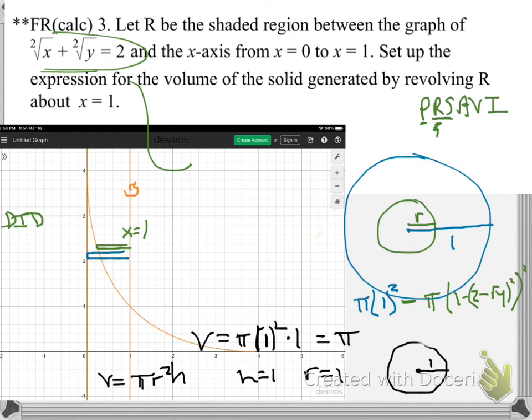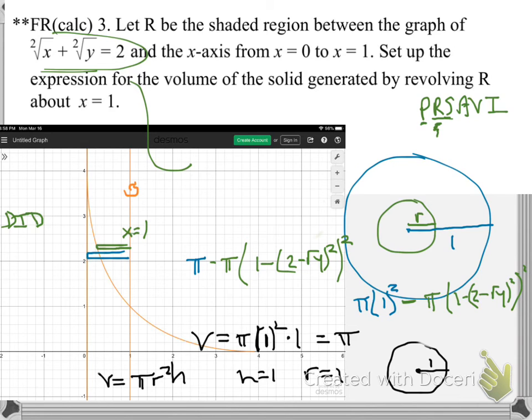I apologize. So we've got pi, because that's really pi times 1 squared, and we're subtracting pi multiplied by 1 subtract 2 minus the root of y squared. Okay, so that's the area of this blue cross section that's missing the green hole in it.